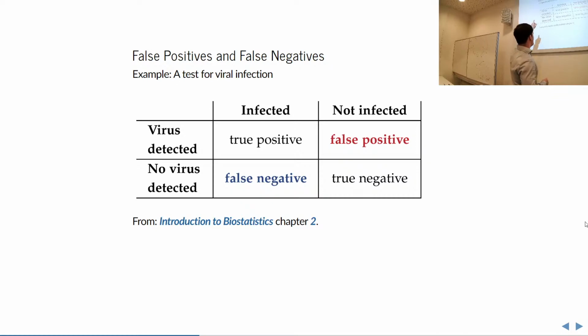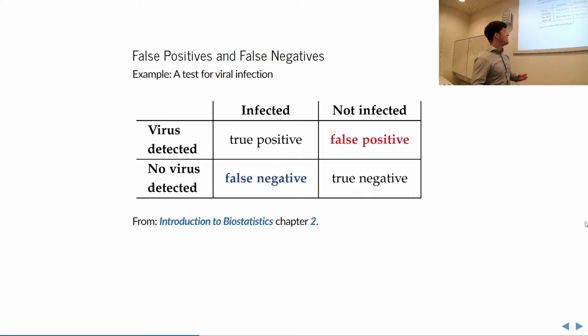Now, here's an example with a test for a viral infection. So there is the ground truth. Either you are infected or you are not infected. And the test is either going to say that you have the virus or you don't have the virus. Now, when a test says that you have the virus, even though you don't, that is called a false positive.